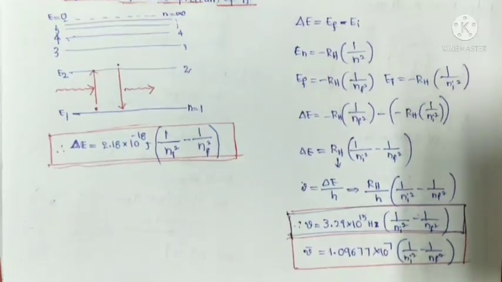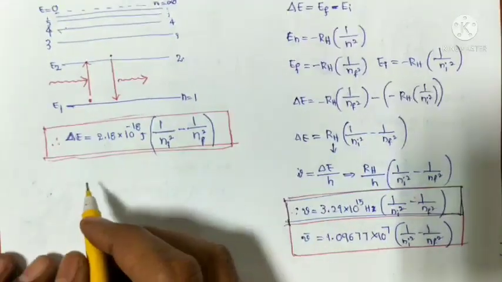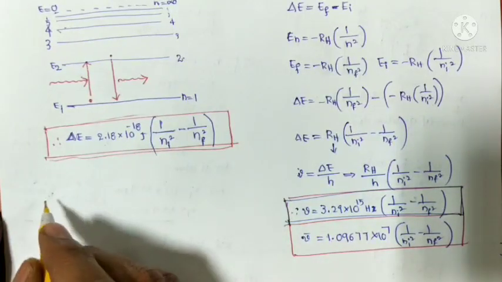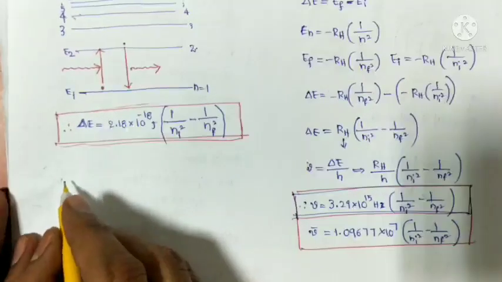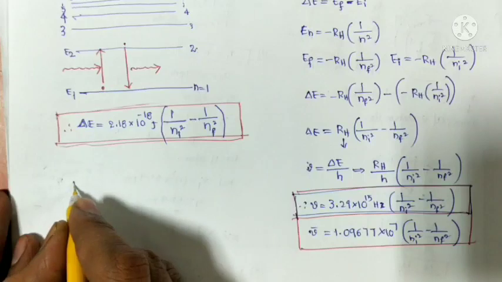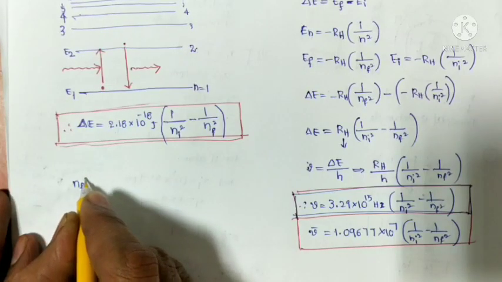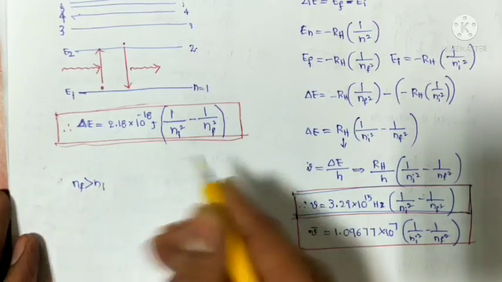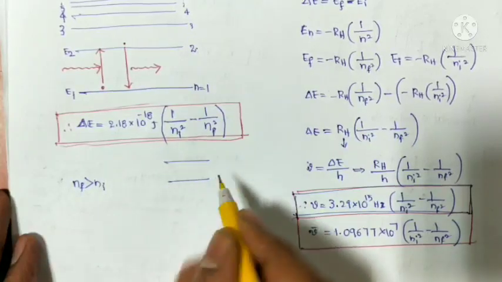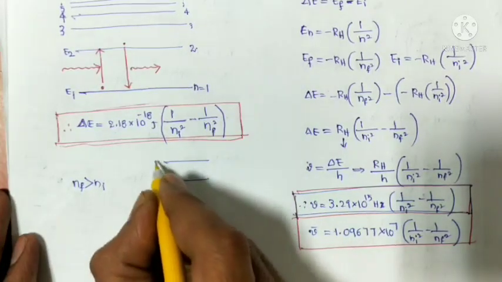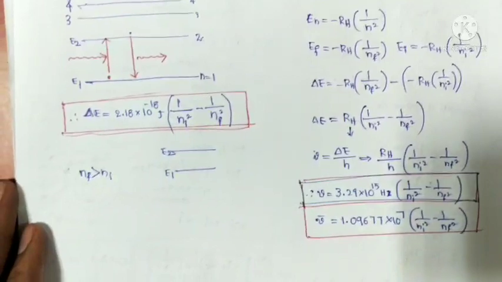Okay, and the next one is in case of absorption spectrum. In absorption spectrum, what happened? Nf is greater than Ni. For example, you take two energy levels, that is E1 energy level and the E2 energy level.